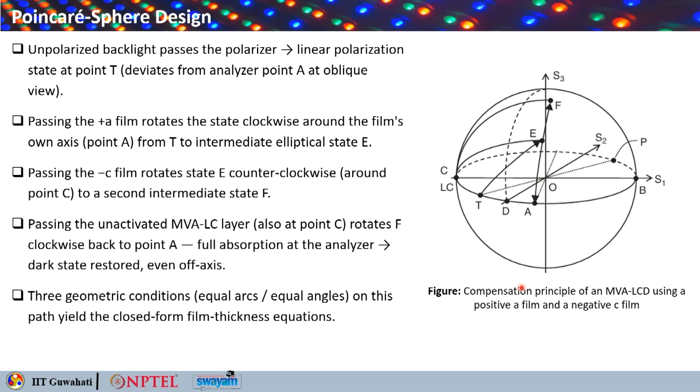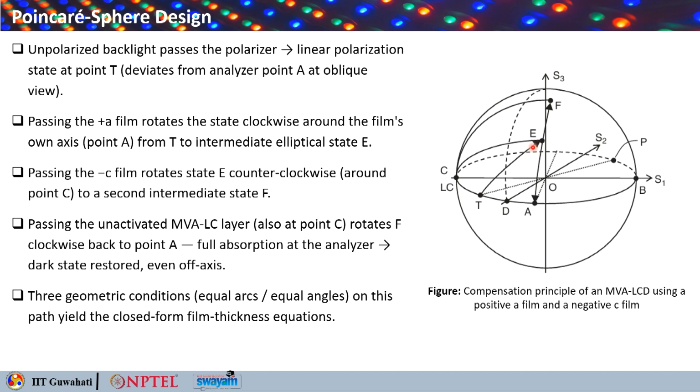So you are basically using three geometric conditions, equal arcs and equal angles on this path, that yield the closed form film thickness equations. The actual film thicknesses are found by imposing these geometric requirements on this path, equal arc and equal spherical angle, which is spherical trigonometry.